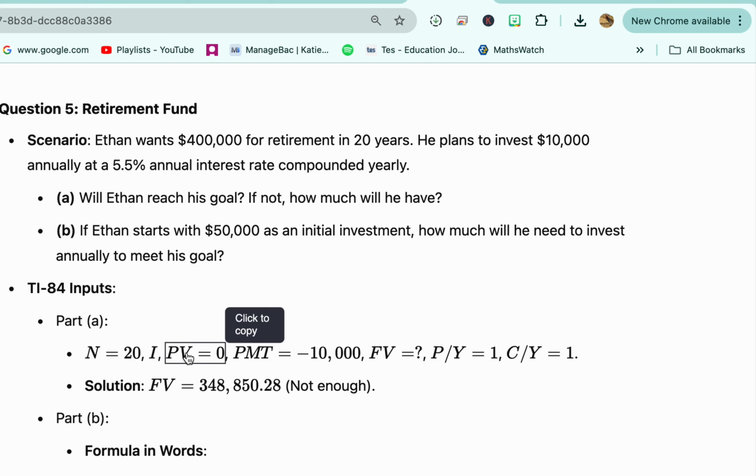So when you're saving for retirement, he's planning to put in money, 10,000 annually at a certain rate. So he is going to start with nothing in this fund, but he's going to be contributing 10,000. So for this, rather than the FV being 0, the PV is going to be 0.